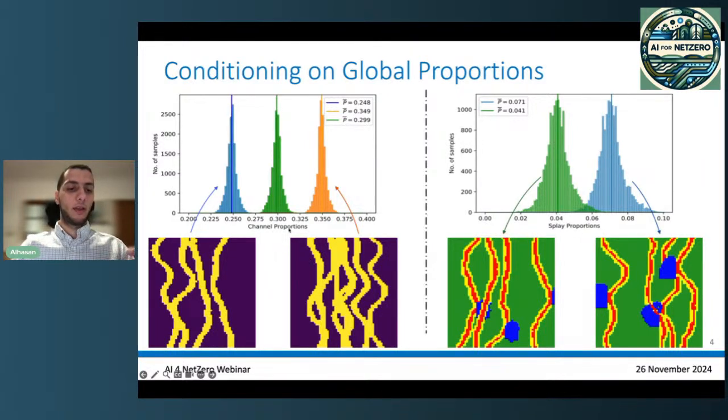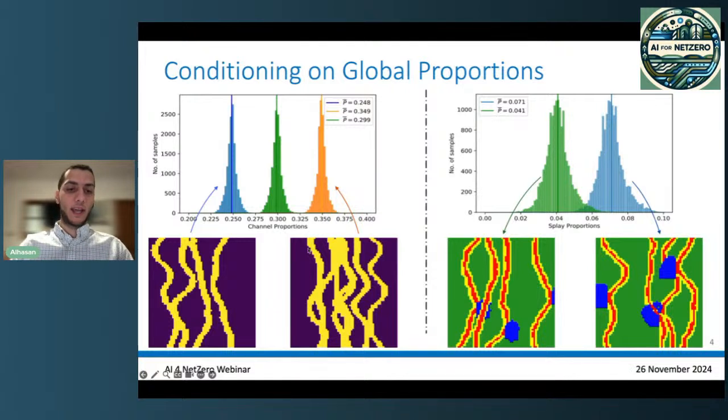For example, on the left side here, you can see a binary phases data set. We have the solid phase, we have the channel phase, and in this case, we have three different channel proportions. The proportion is just the percentage of the yellow part in the image. So we have here 25%, 30%, and 35%.